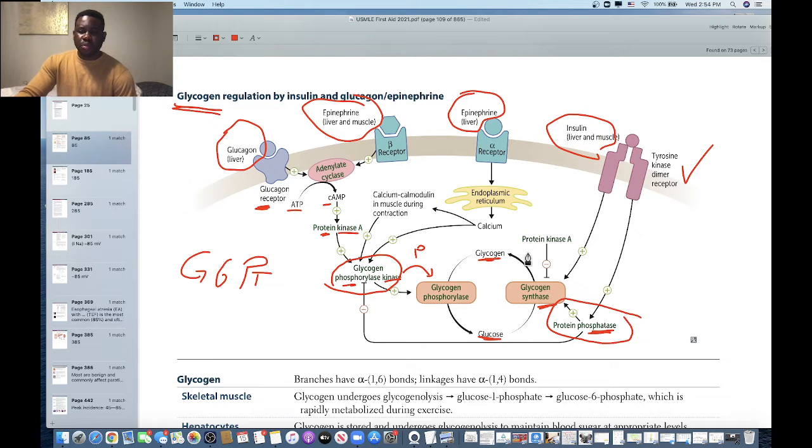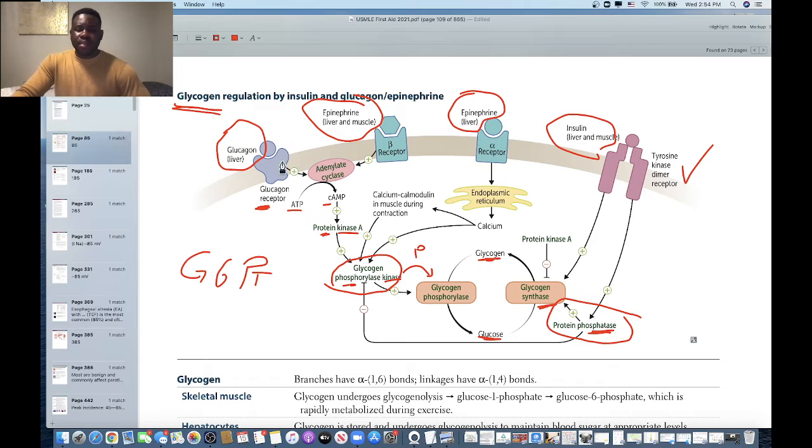And also protein kinase A can also inhibit glycogen synthase, because when glycogen breakdown is working, you don't want to be building more of the glycogen. At that state, it's not a fed state, so we are just going to be breaking down glycogen using glucagon, but insulin helps to build it up.